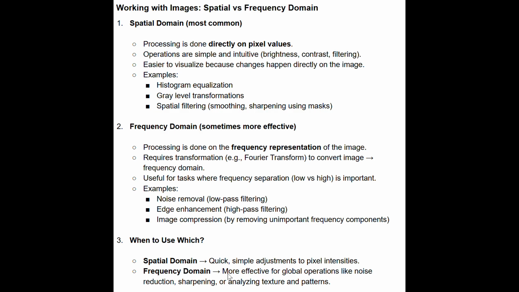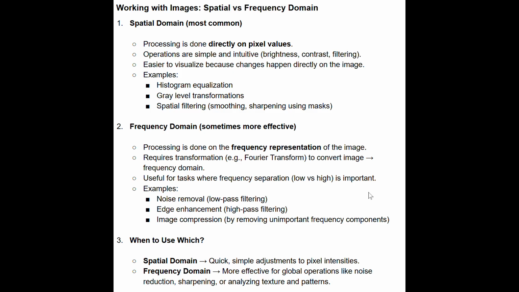The frequency domain is more effective for global operations like noise removal, noise reduction, sharpening of the image, analyzing the textures, analyzing the patterns that are present, or object extraction. For those, you will be working with the frequency domain.